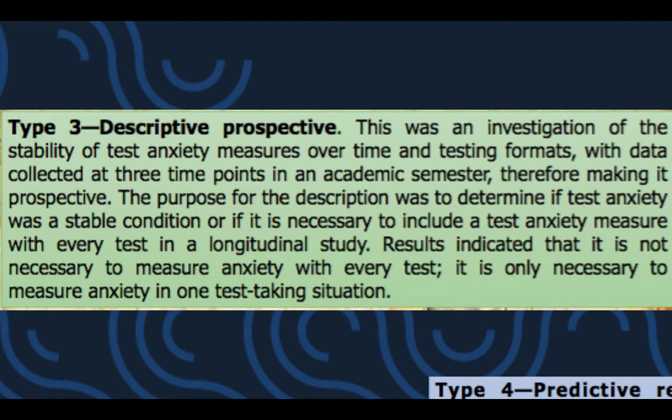The purpose for the description was to determine if test anxiety was a stable condition or if it is necessary to include a test anxiety measure with every test in a longitudinal study. Results indicated that it is not necessary to measure anxiety with every test. It is only necessary to measure anxiety in one test taking situation.